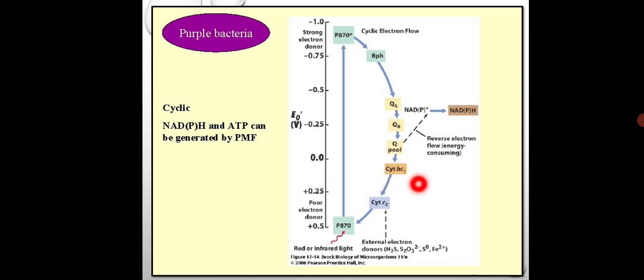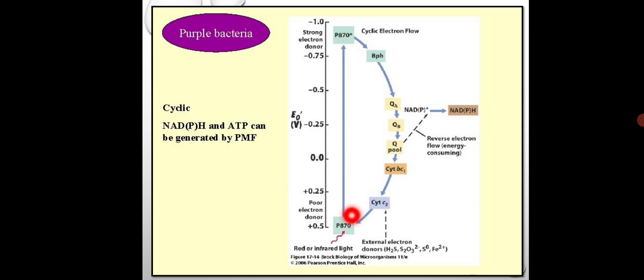So the light harvesting molecules, the photopigments, can harvest the photon and they get excited, electrons get transferred, and after that slowly they come down and reach back to the ground state.